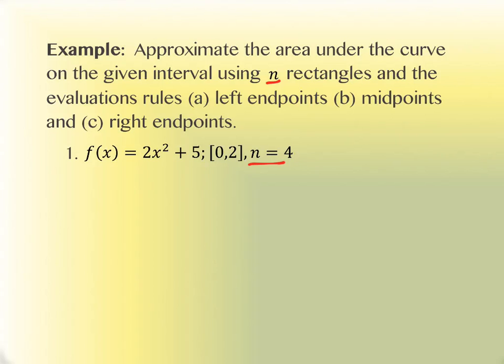We'll use the evaluation rules with left endpoints, midpoints, and right endpoints. So we're going to calculate 3 quantities, and they should all be approximations for the same quantity, that is the area under this curve. If you get answers that are vastly different, there's a problem. Your answers should look similar.